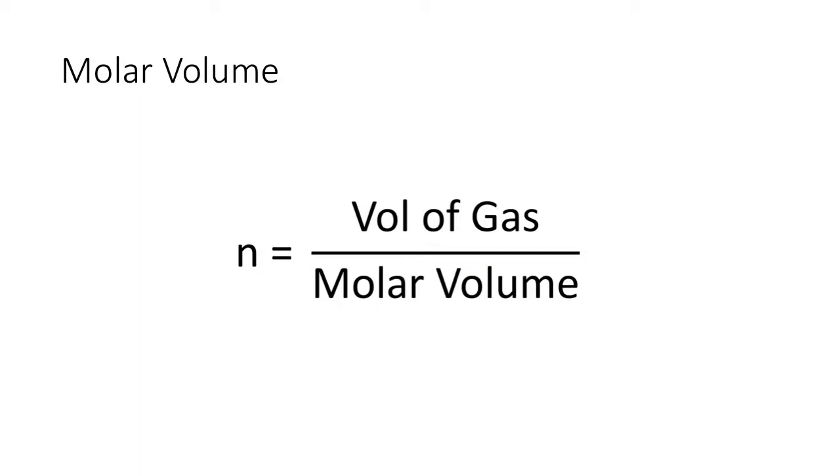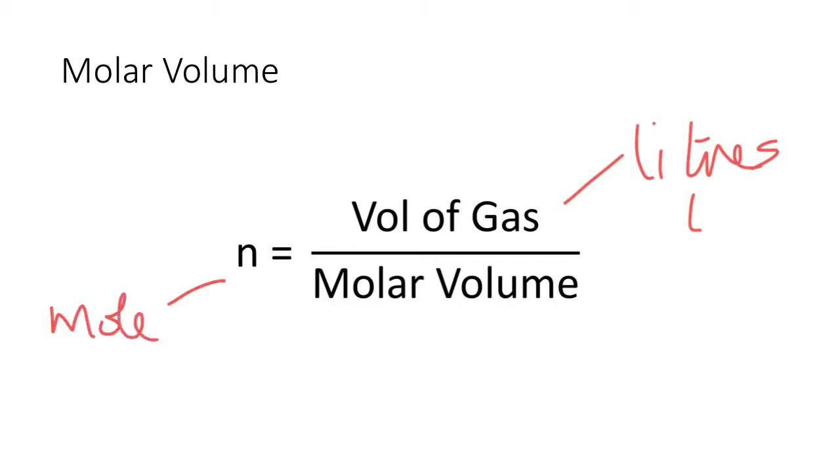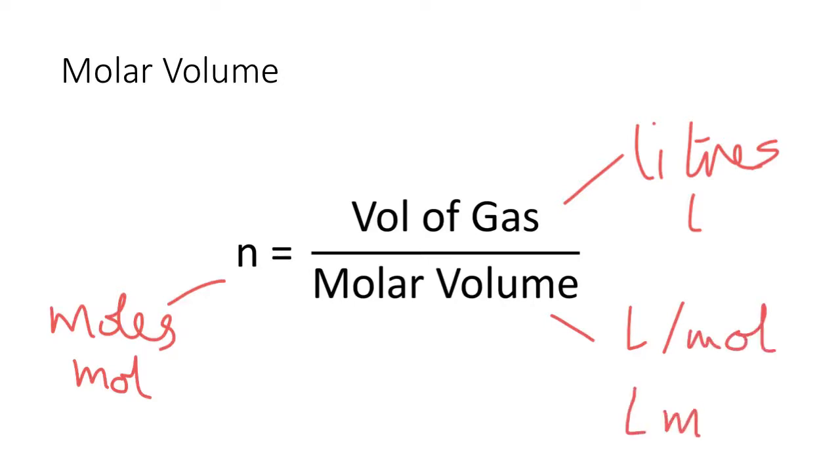We have an equation that links the volume of a gas, which we measure in litres, to the number of moles, and we'll tie that in with the molar volume, the volume per mole, and that is in litres per mole, and you'll see it written in either of these ways.